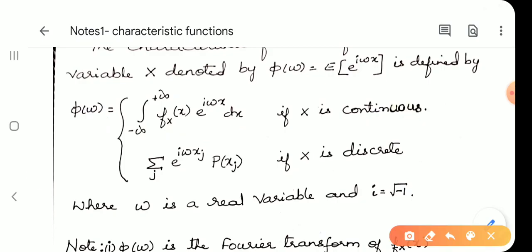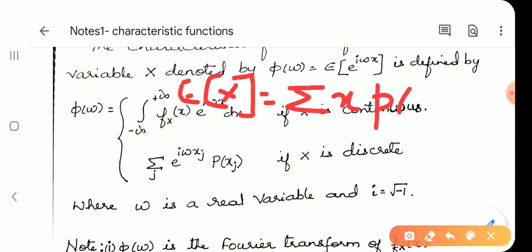Similarly, let us recall the expectation of X when X is a discrete random variable. E of X is written as the sum of x into p of x. Here in the place of x we have e to the power i omega x.